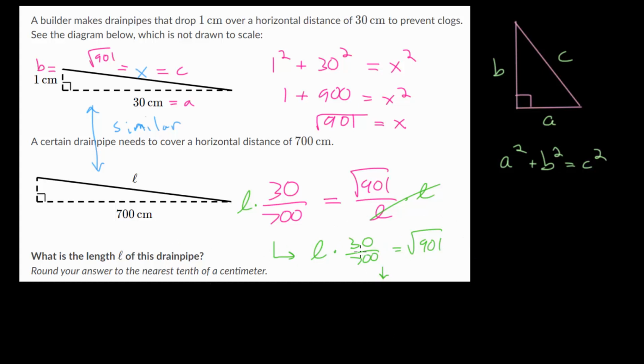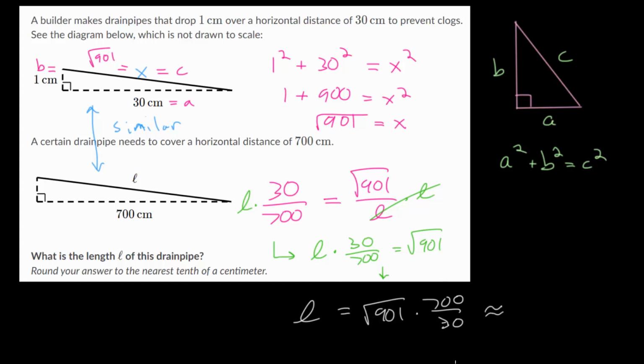So essentially, we're multiplying each side of this equation by 700 over 30, by the reciprocal of this fraction here. So L would then be equal to the square root of 901 multiplied by 700 over 30. And at this point, we can plug this into the calculator and round it.